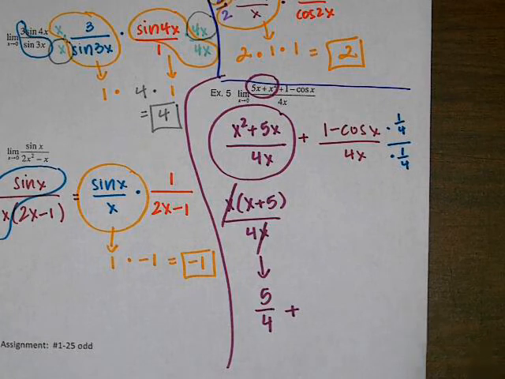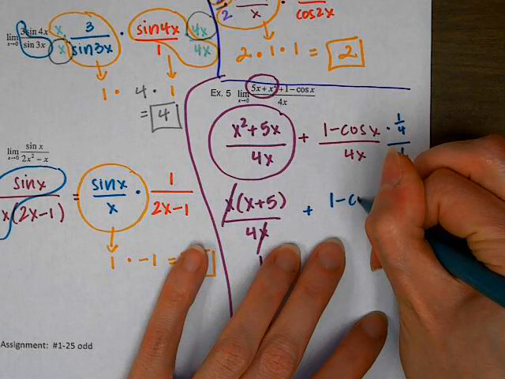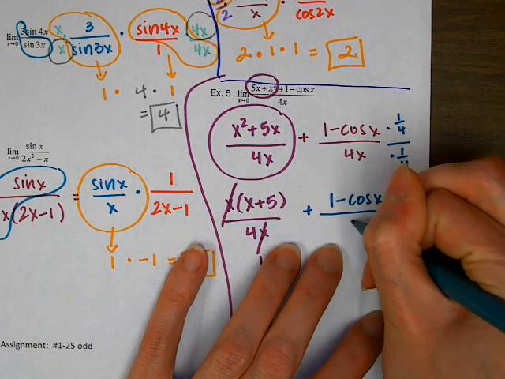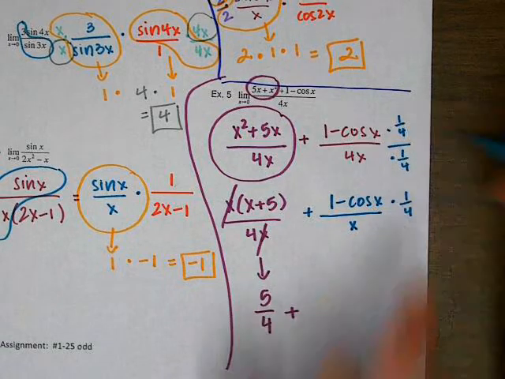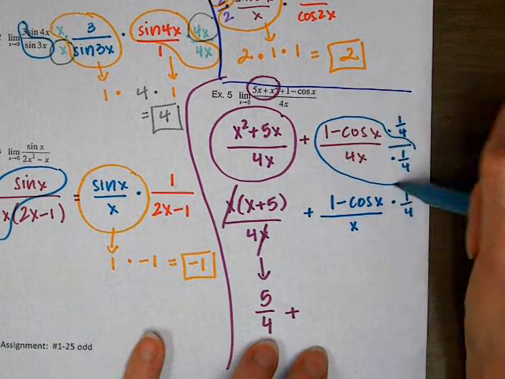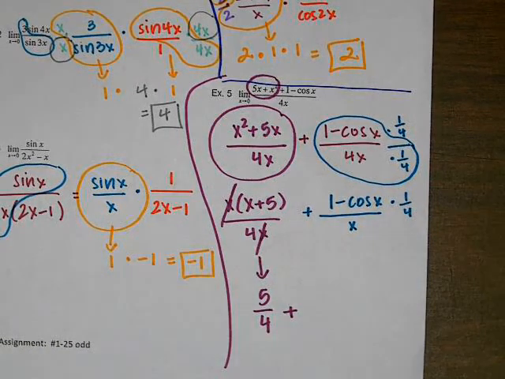All right, so let me rewrite this now. Now we have 1 minus cosine x over x, and then we still have times 1/4 here. So what I did is I grouped these together here, and then we had the times 1/4.